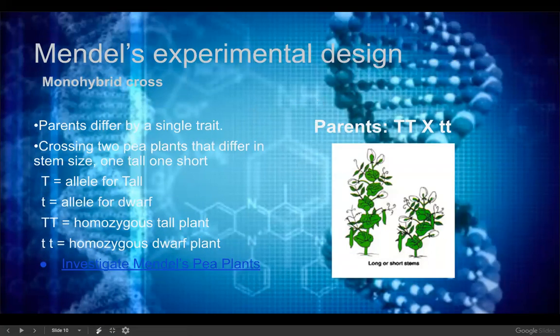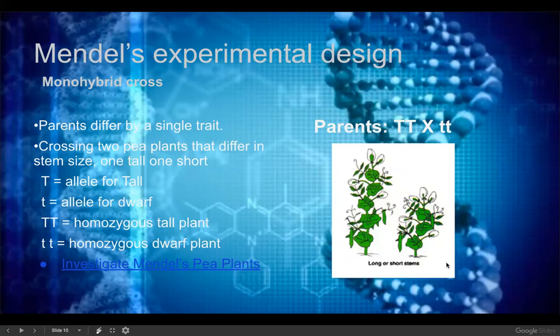So Mendel's experiments: parents differ by a single trait, crossing two pea plants that differ in stem size, one tall and one short. If you look on the right here, one parent was a purebred for tall and the other one was purebred for short. Two capital T's are dominant traits and two lowercase t's are the recessive traits for the short.